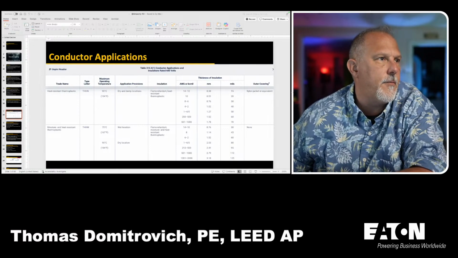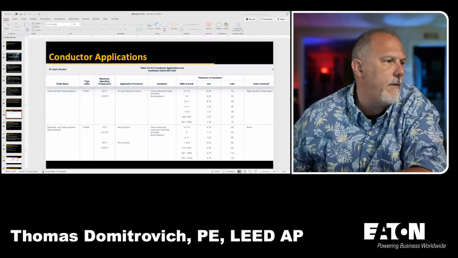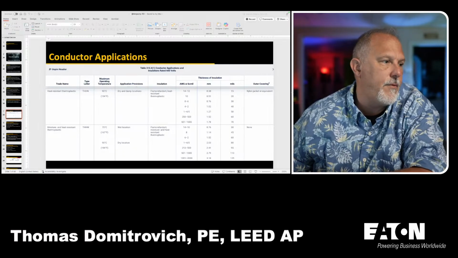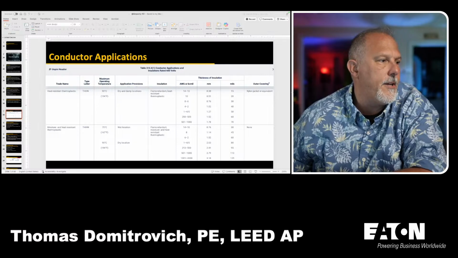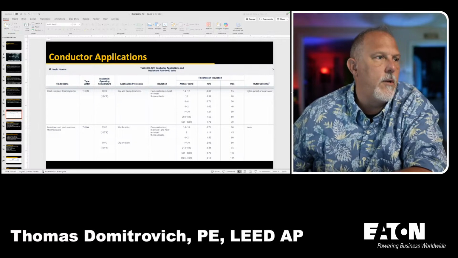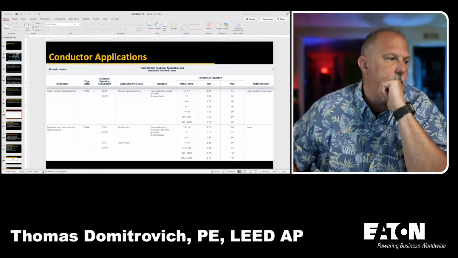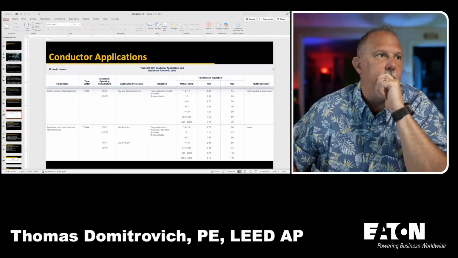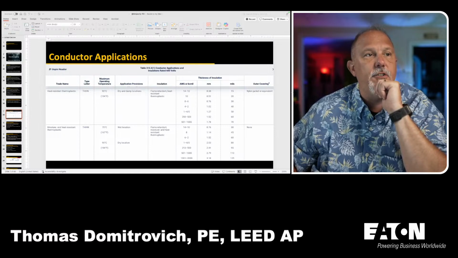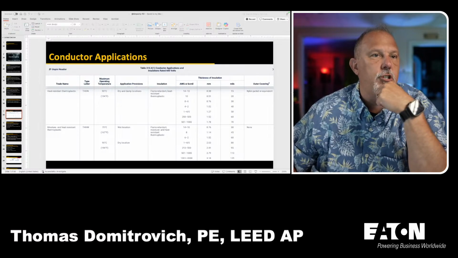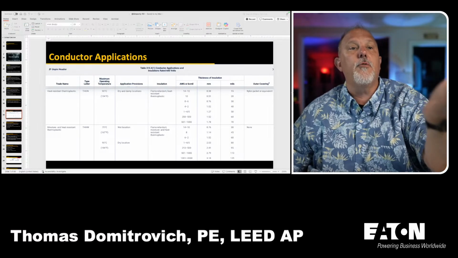In fact, let me see if it's in 310. I would look at 310.15. No, not 110.15, 310.15. Man, I screwed up. 310.15 says temperature correction and adjustment factors shall be permitted to be applied for the temperature rating of the conductor.